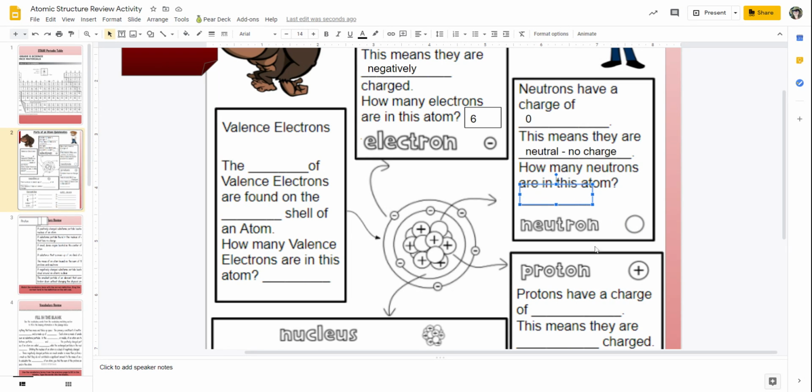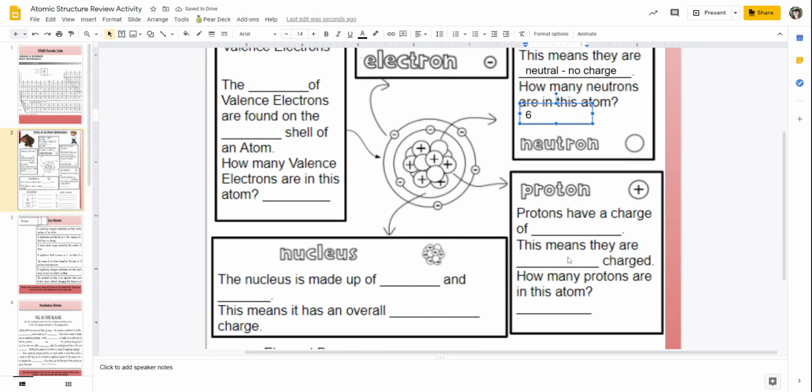And again, it gives us a little key, but even without the little key, we would know that the ones that didn't have anything on them are neutrons. Notice also that the neutrons are in the middle. So I'm going to count 1, 2, 3, 4, 5, 6. So there is 6.